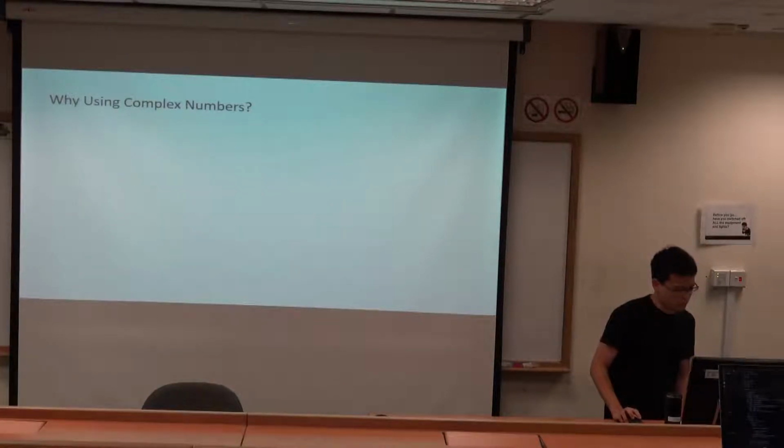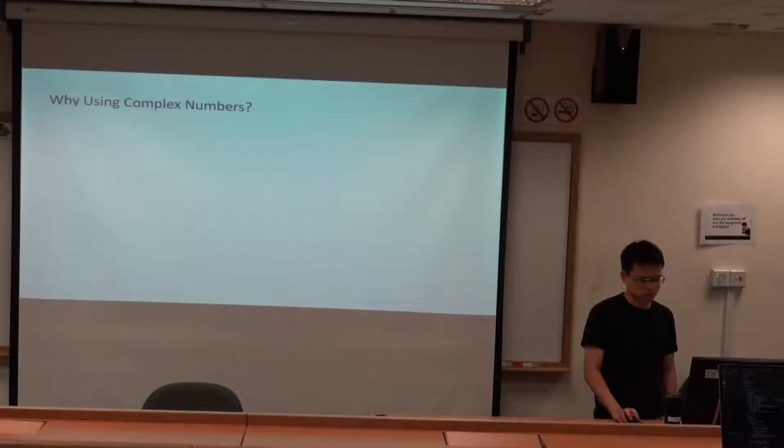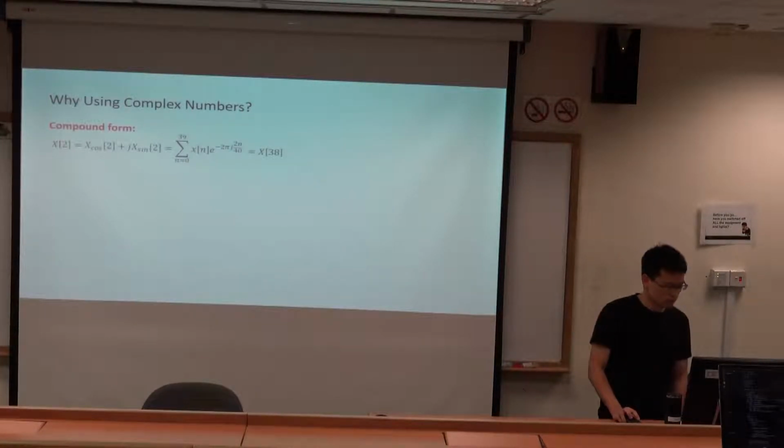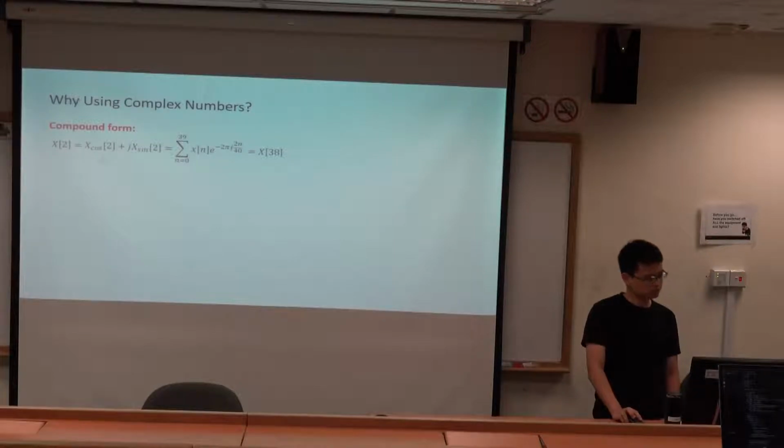Well, let's look at how to work with the complex number first. This is our result. So the result is 10 plus 10 times square root of 3 times i. Okay.